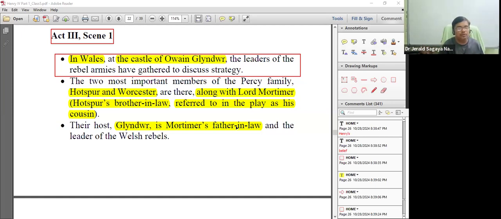We also know from the previous sessions that Owain Glendower is the father-in-law of Mortimer.